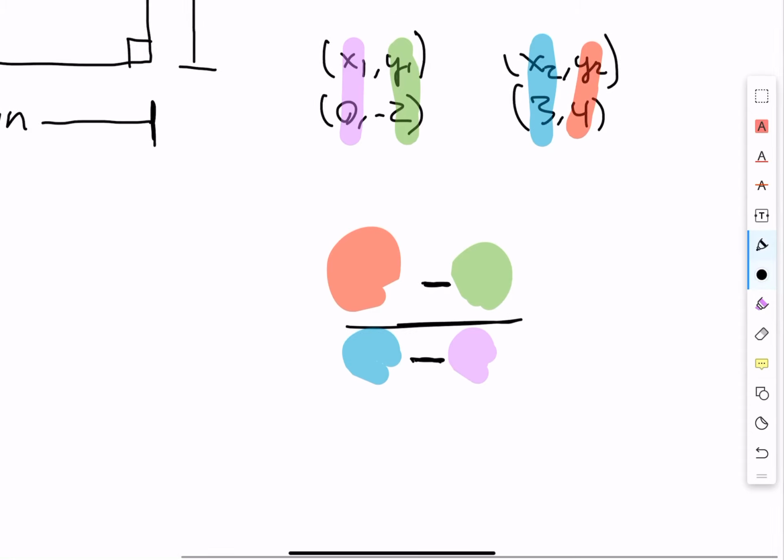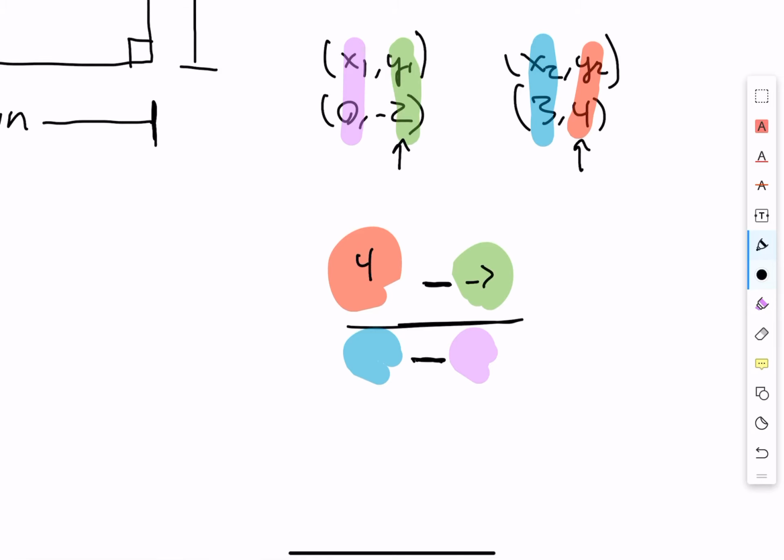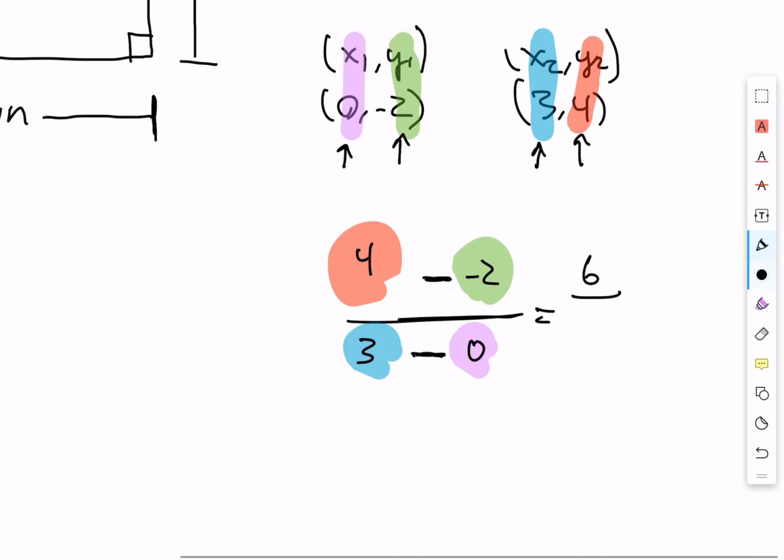All right, so y2 is 4 minus y1 is negative 2. And then on bottom, x2 is 3 minus x1, 0. So 4 minus negative 2, remember when we subtract a negative, it becomes addition. So 4 plus 2 is positive 6 on top, and on bottom, 3 minus 0 is 3.